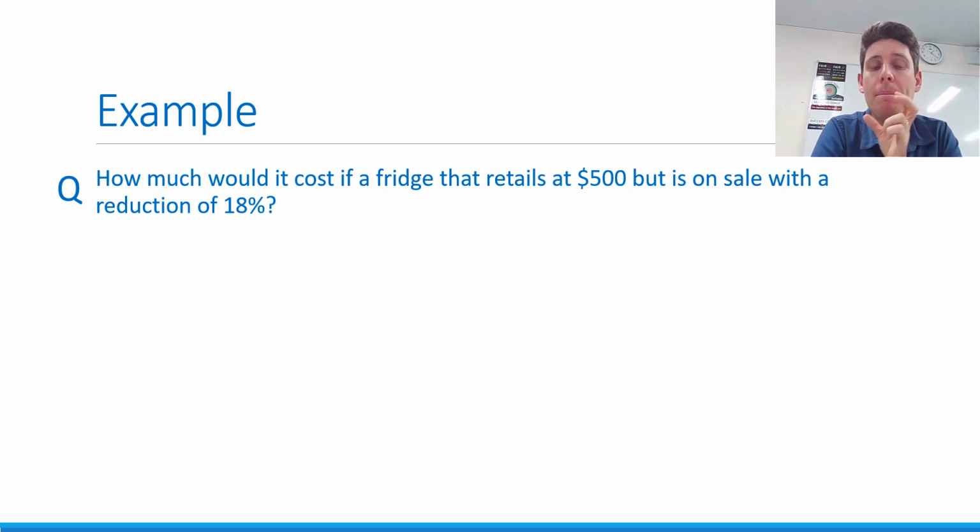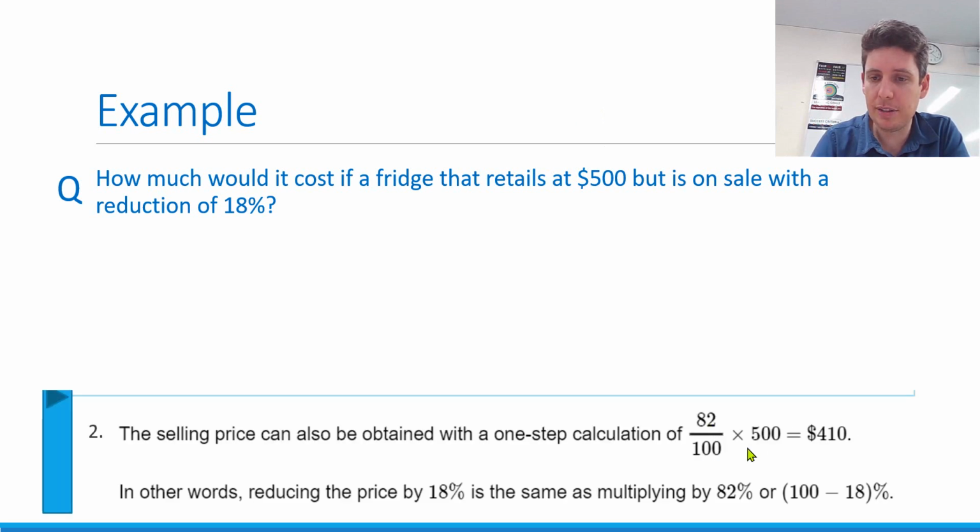So 100 minus 18 is 82%. So you multiply the $500 by 82%, and you'll get $410. So this is it here, 82% times the 500, and the cost of the fridge to you is $410.